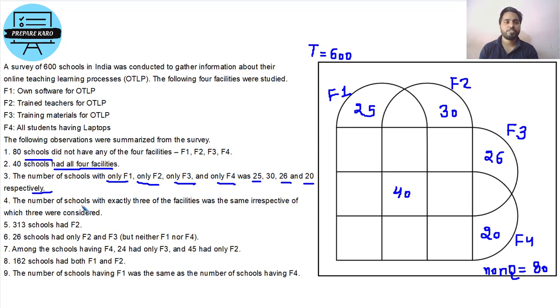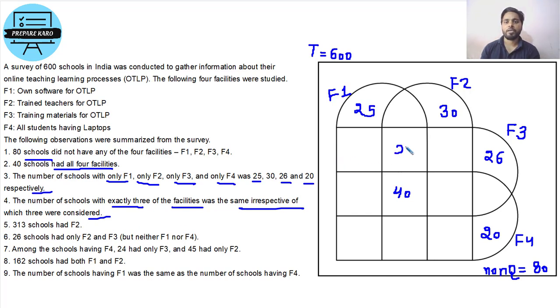Okay. Now next, the number of schools with exactly three of the facilities was the same irrespective of which three were considered. It says wherever the region is exactly 3, the number will be the same, irrespective of which three variables are involved. So there are four regions K, L, M, N. Each of the four will be the same.